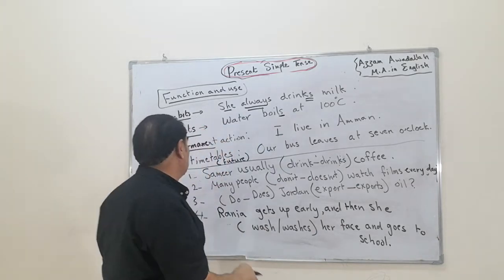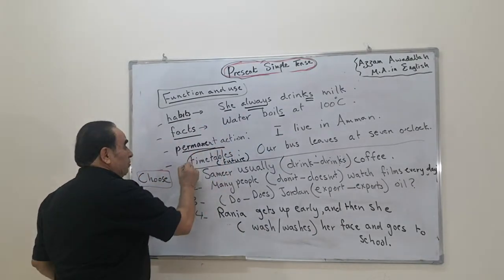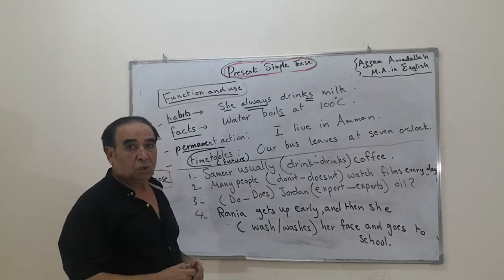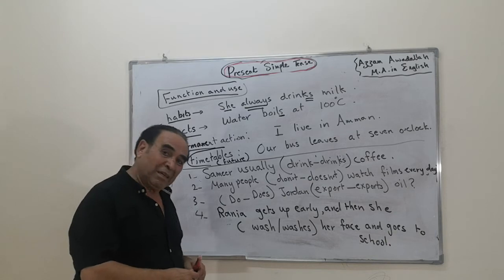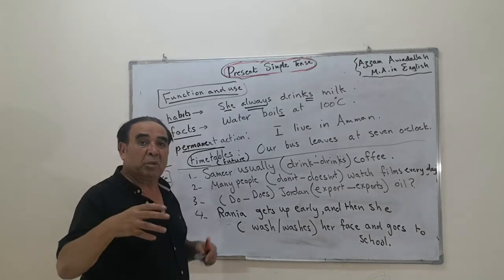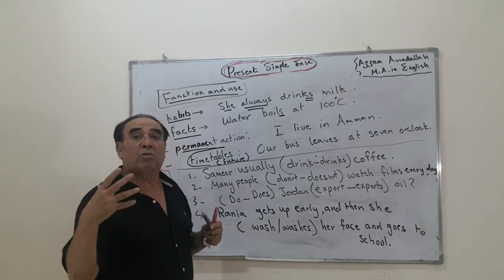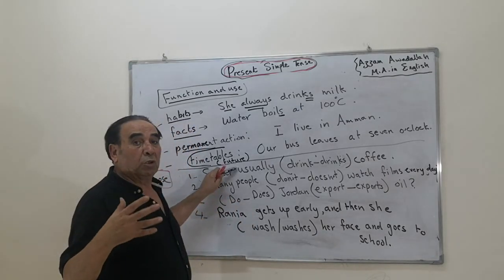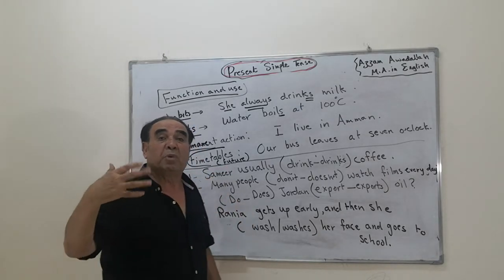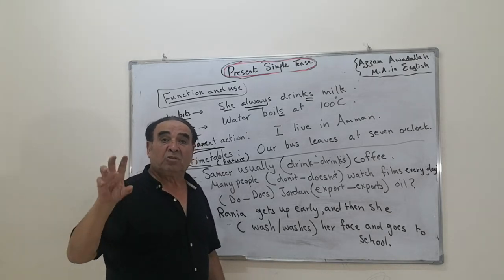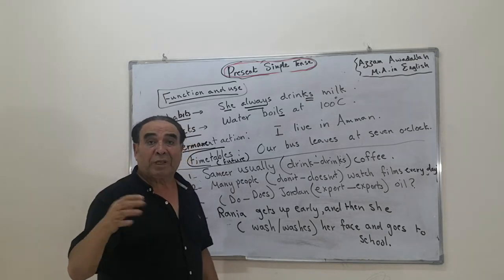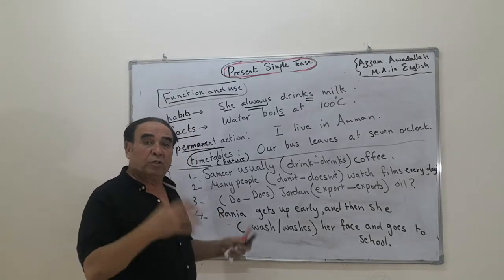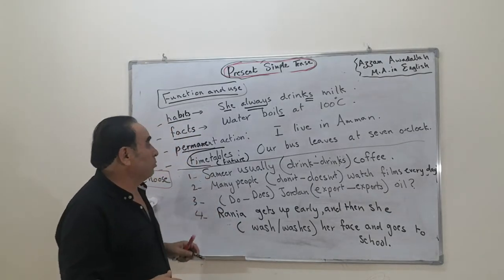This is the permanent. What about timetables? When we talk about timetables or schedules, planned ones, this means that we use the present simple to talk about the future. When we talk about planes, buses, trains, ships, or classes, when they start or when they end, or festivals, we use the present simple.